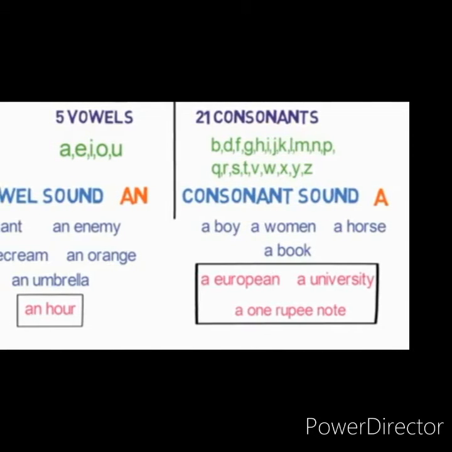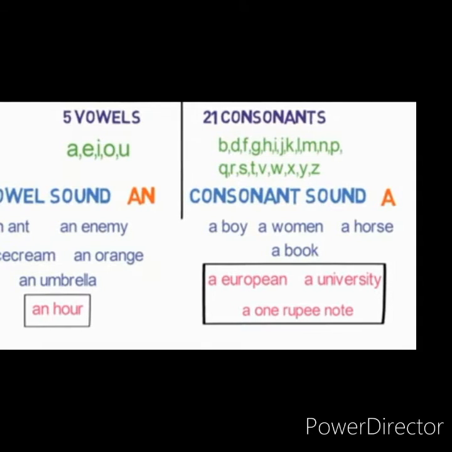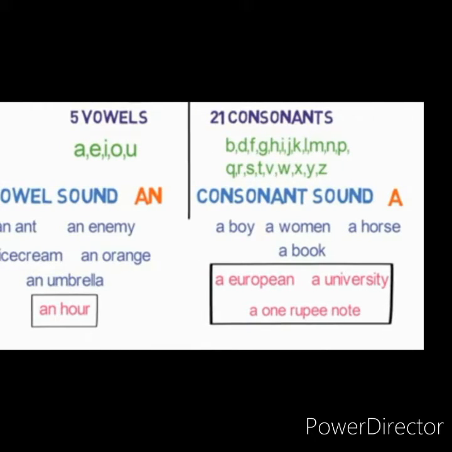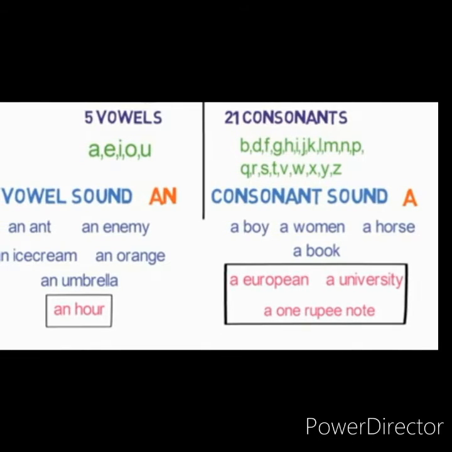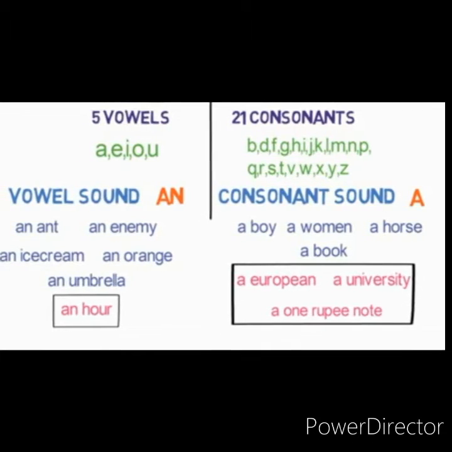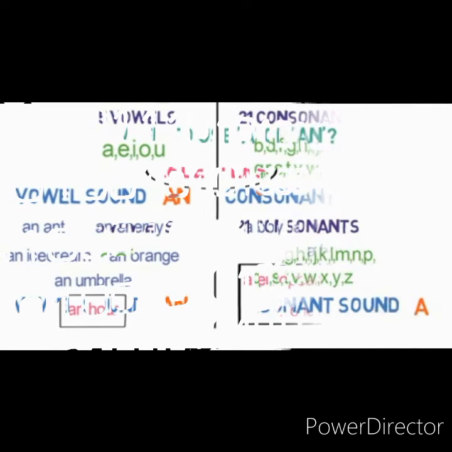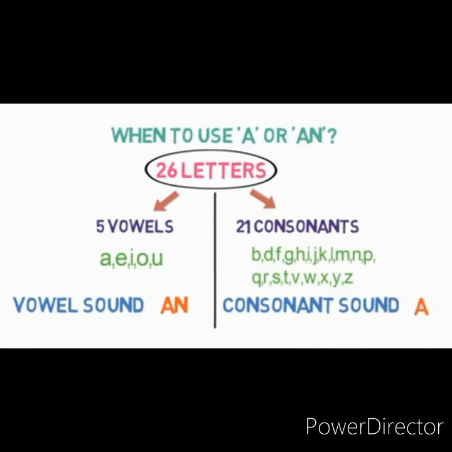So remember to check the sound of the word before using article a and an. So with vowel sound an and with consonant sound a.